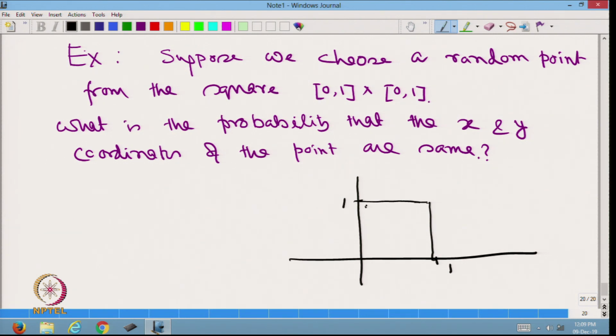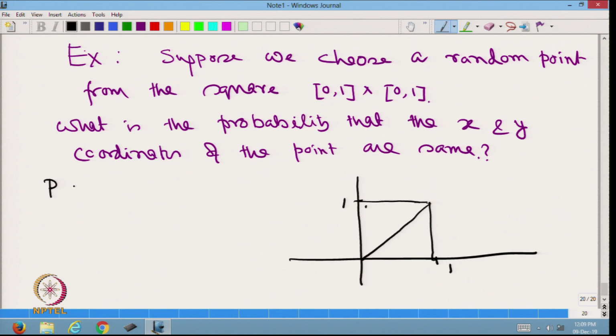So, for example, if I choose this point, obviously, the x value is very small, y value is very high, and they are not same. It is very clear that the x and y coordinates will be same if the point is lying on the line, this diagonal of the square.